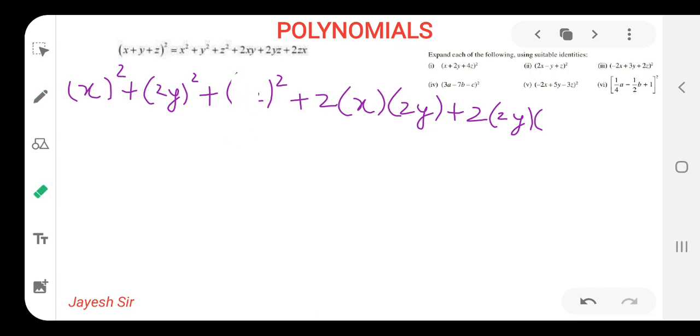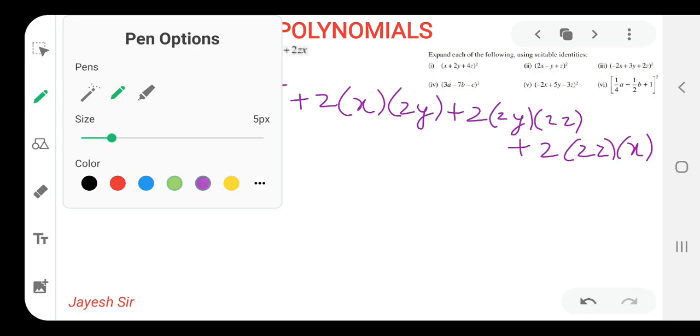Sorry, I have written it mistakenly over here. The value of z should be 2z. 2z is the value of z. Now 2z plus, I am writing over here as I am having lack of space, 2 as it is. z means 2z and x means x as it is. Now we are about to end our sum. So let's write the final step.